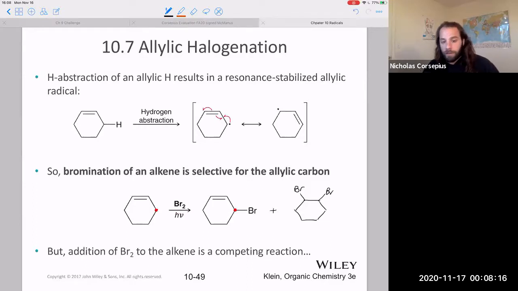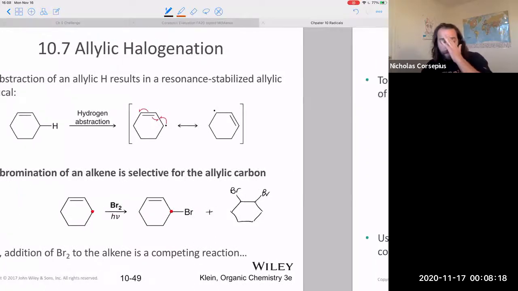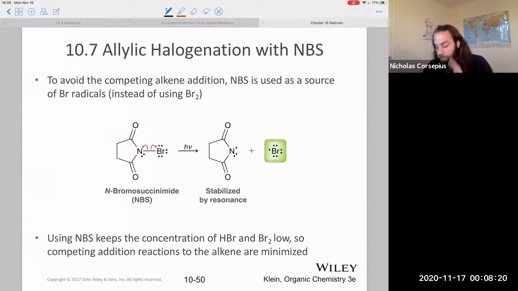So in order to ensure that we have these radical type mechanisms, we use something special, NBS. And I'm not gonna lie, there's a bit of a weird trade-off in concentration that happens here. You use a very tiny amount of NBS, and that ensures that you have this allylic substitution instead of a radical addition to the double bond.